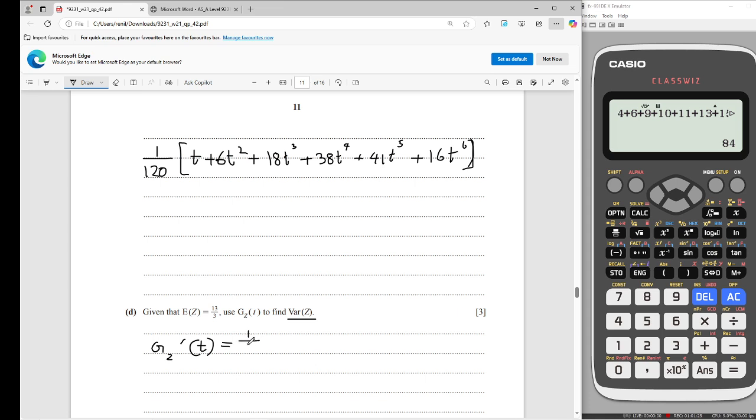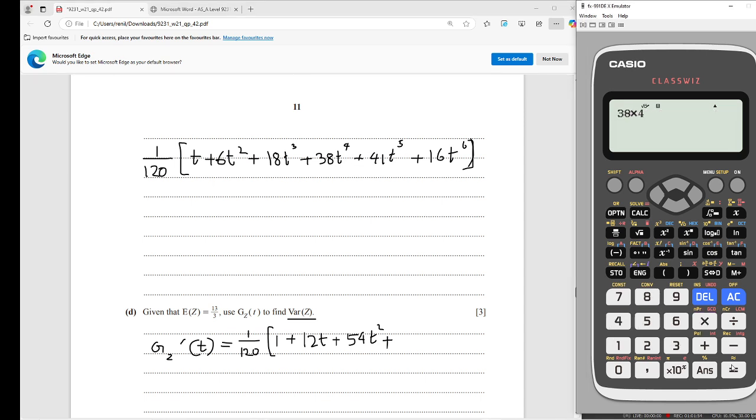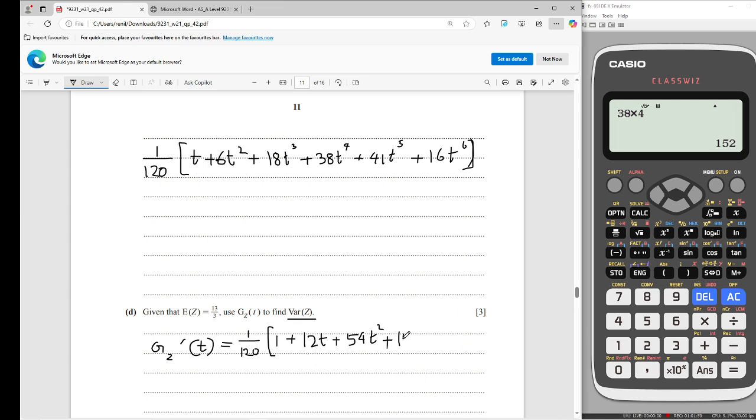So 1 by 120 of 1 plus 12t plus 3 times 18 is 54, if not wrong, 54t squared, plus 38 times 4, so what was that? 152. Okay, so 152t to the power 3.